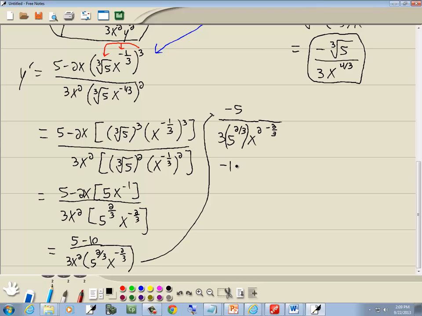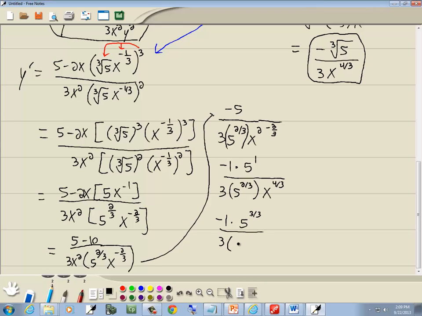Up on top, that's like negative 1 times 5 to the first over 3 times 5 to the 2/3. And this gives us 4/3. So x to the 4/3. It's starting to shape up. I can rewrite that: 5 to the first, that's like 5 to the 3 over 3.